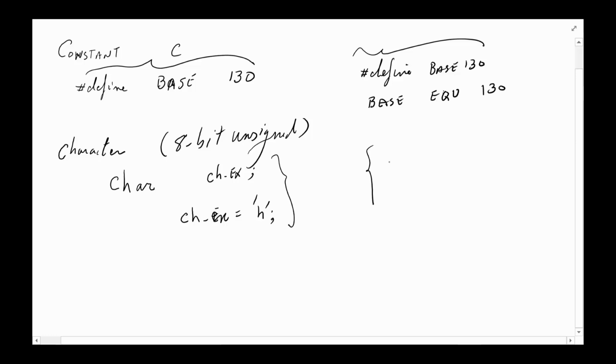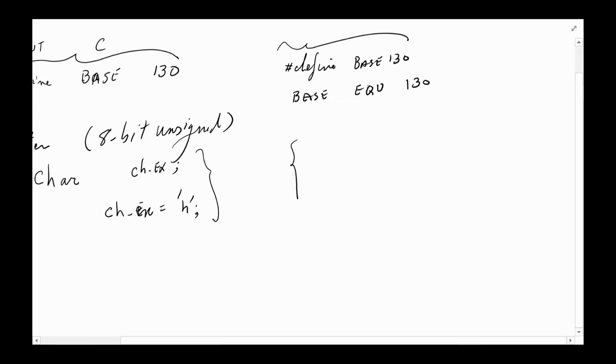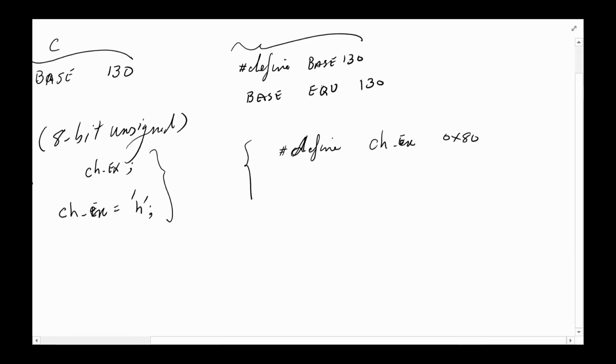In assembly, what you're doing, you're basically saying you've got to reserve a location, and so you say define CHEX. Since our data memory location starts, I'll give it starts at 80, I'll give it the first byte, and I only have to allocate 1 byte because a character is 1 byte.